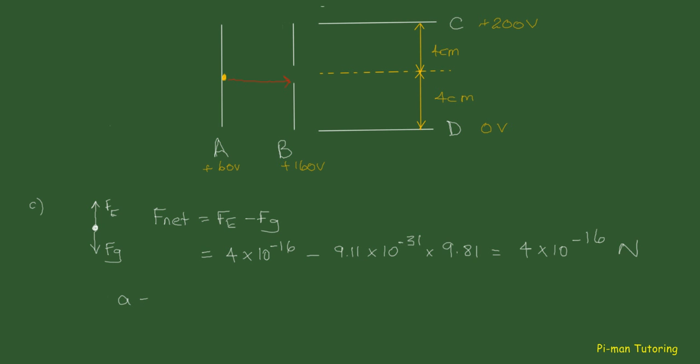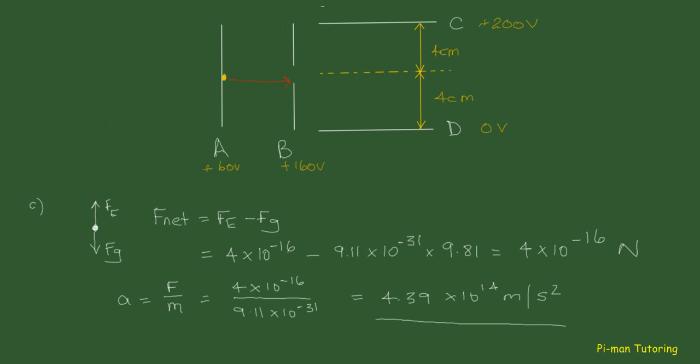And from this we can get the acceleration. Acceleration is equal to the force divided by the mass, Newton's second law, and that gives us 4 times 10 to the minus 16 newtons divided by the mass of the electron, which again is 9.11 times 10 to the minus 31 kilograms, giving us an overall acceleration of 4.39 times 10 to the 14 meters per second squared.